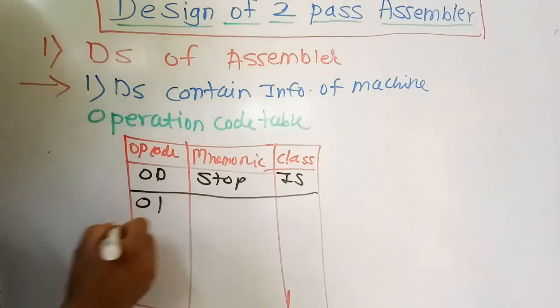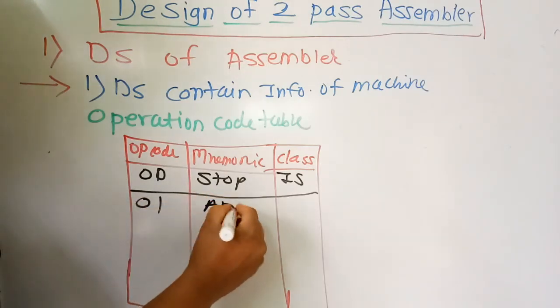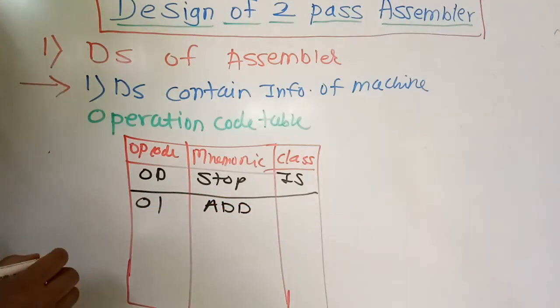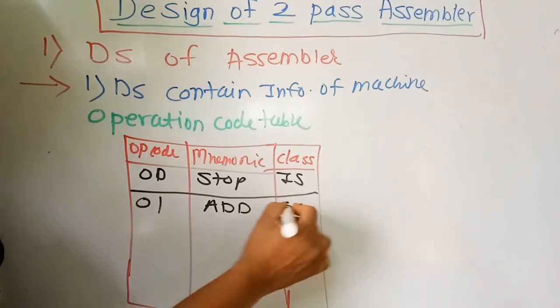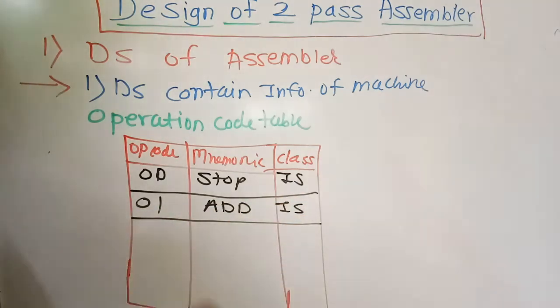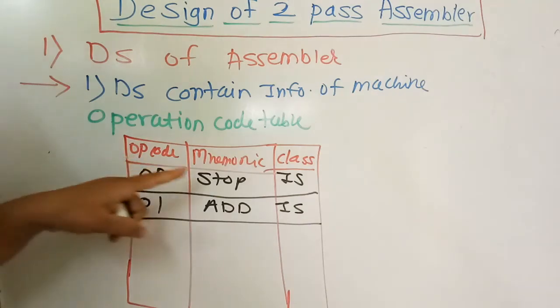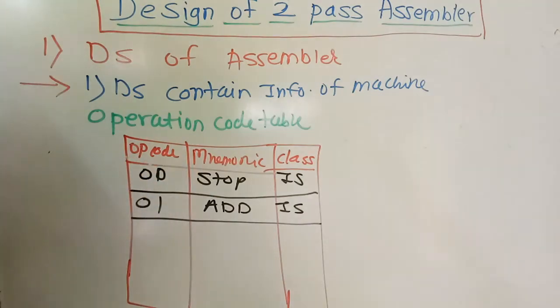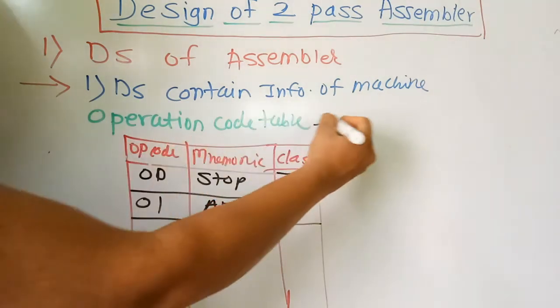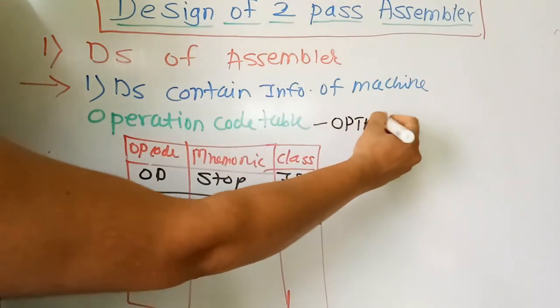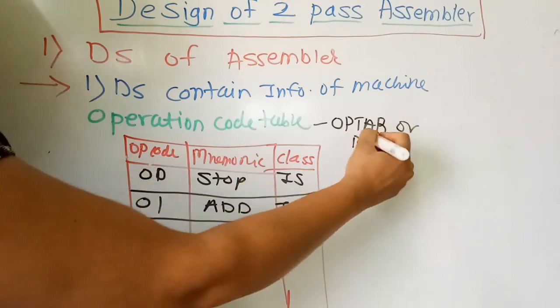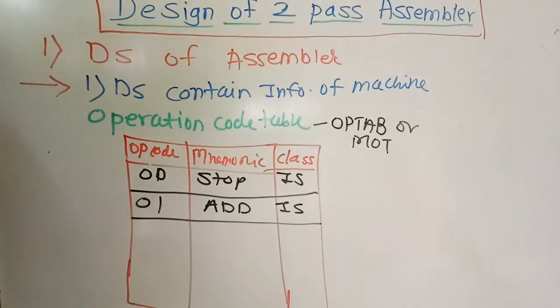Second, for example, opcode 1, we all know that for opcode 1 the mnemonic is ADD, and it is also an imperative statement, and lots of such things are maintained in this table. So it is used for storing the mnemonics, then the operation code, then the class of an instruction, and in short it is called the opcode table or MOT, the machine operation table.